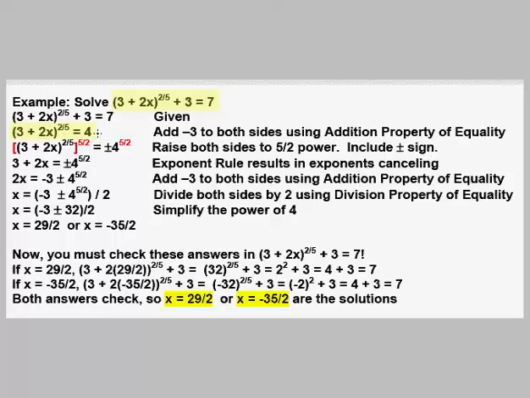Now raise both sides to the 5/2 power, and that 5/2 power will cancel the 2/5 power, because when you raise a power to a power, you multiply exponents, and the two reciprocals just multiply to 1. So we raise both sides to the 5/2 power, and we have to remember to use a plus and minus. This is because our original exponent, 2/5, had an even numerator.